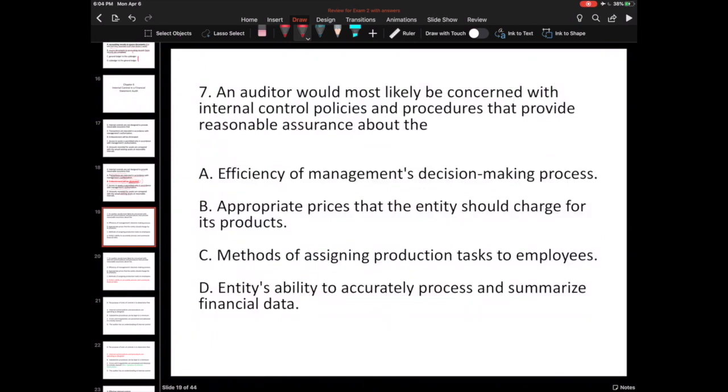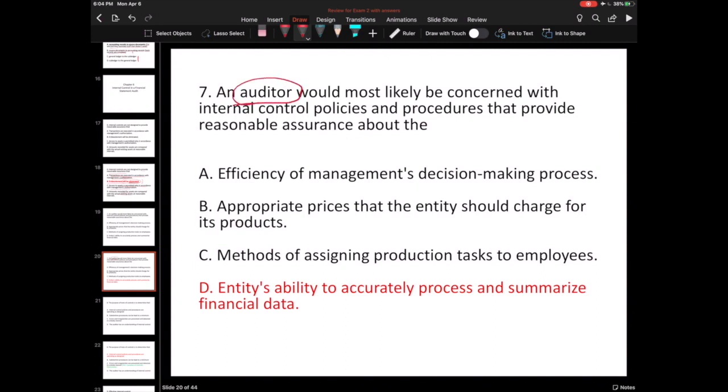An auditor would most likely be concerned with internal control policies and procedures that provide reasonable assurance about. The key to this question is it asks what an auditor is most interested in. Right?